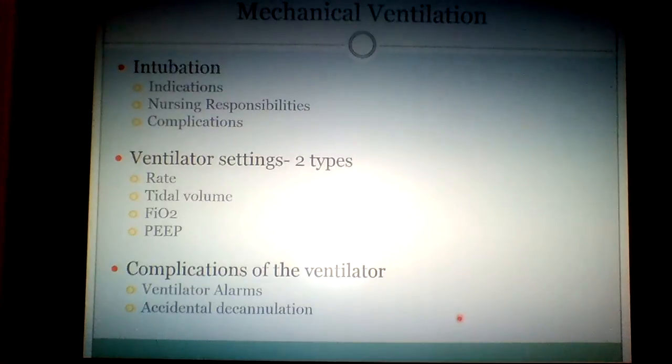PEEP. So let's talk about PEEP. Everybody wants to talk about PEEP. PEEP is pretty cool. It is the positive end expiratory pressure. One of the things I think you need to know about PEEP is it kind of goes hand in hand with that surfactant thing I was talking about earlier today.